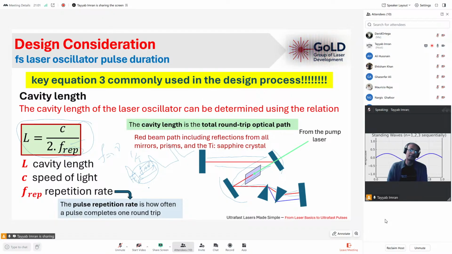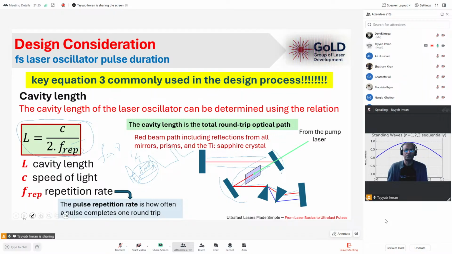That repetition rate is very important, and usually it depends on many other factors as well, which I don't feel necessary to discuss here. But in general, we take something like 80 megahertz or 75 megahertz.